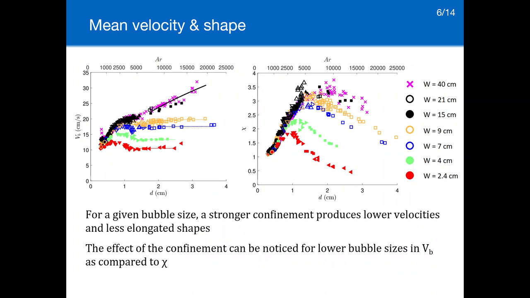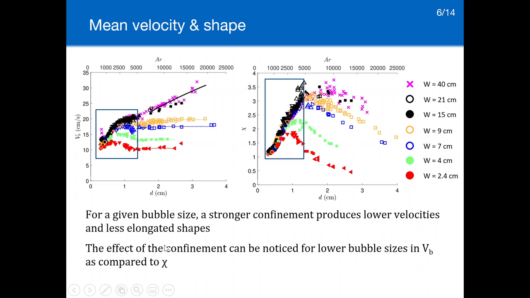In this curve, we show the mean velocity and shape of the bubbles, for all the regimes, but I will focus on the regimes with path or shape oscillations. What we can see even from this plot is that for a given bubble size, the stronger the confinement, the lower the rise velocity and the more rounded the shape, that is, chi closer to 1.